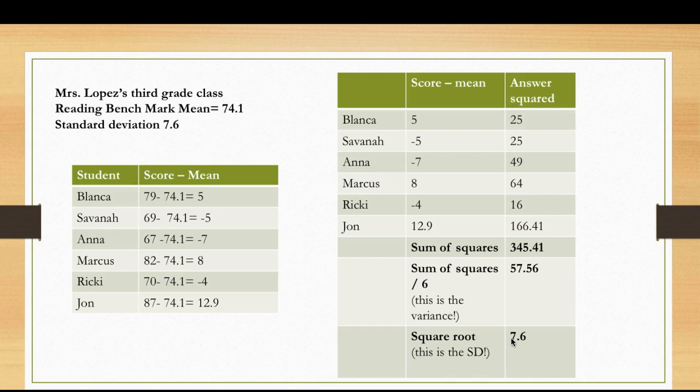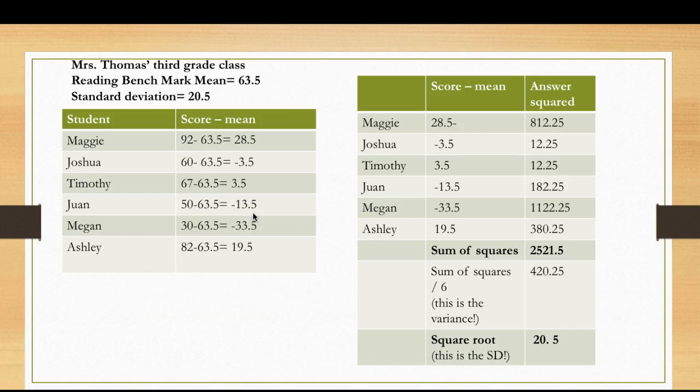Let's just compare that to Mrs. Thomas's test scores. We can see that for Mrs. Thomas's students, the standard deviation was 20.5. That's a huge variation of scores.